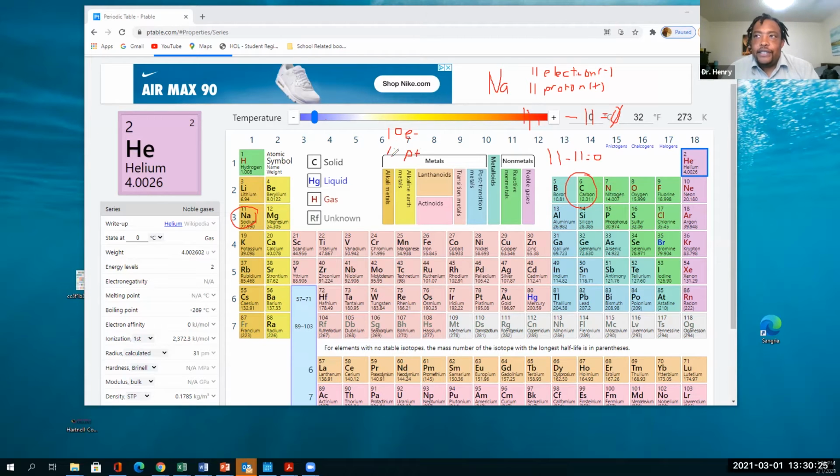I still have 11 pluses. So what is the charge I have on that sodium now? If I have 11 plus charges and 10 minus charges, plus 1. So when my sodium forms an ion, it is going to be a +1 charge. You guys get that?